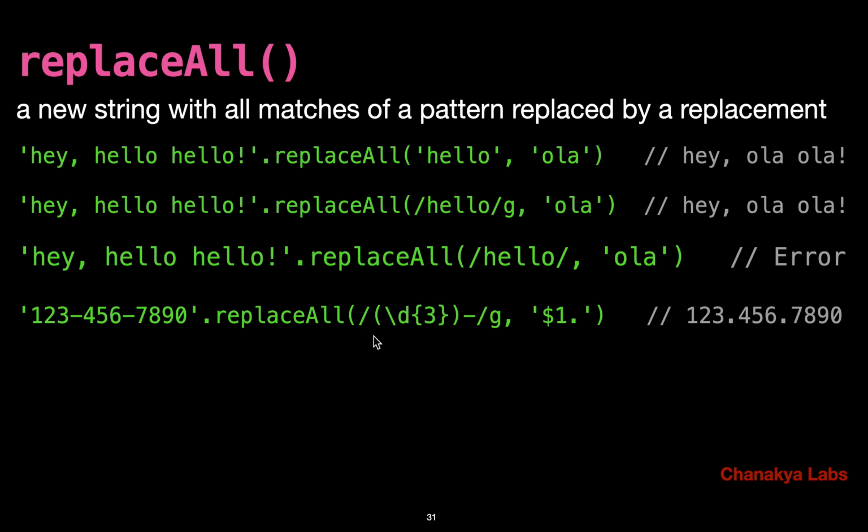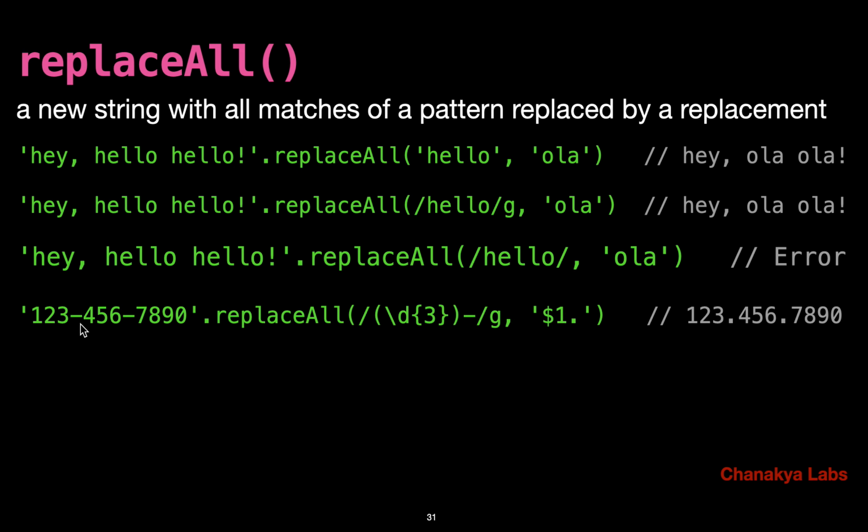So basically what is happening is that I'm saying replace 123 hyphen, this thing, with $1 dot, which means whatever is matched. Here there is only one capturing group, and that's why $1 is the only one which makes sense here. $1 will be whatever is the match.